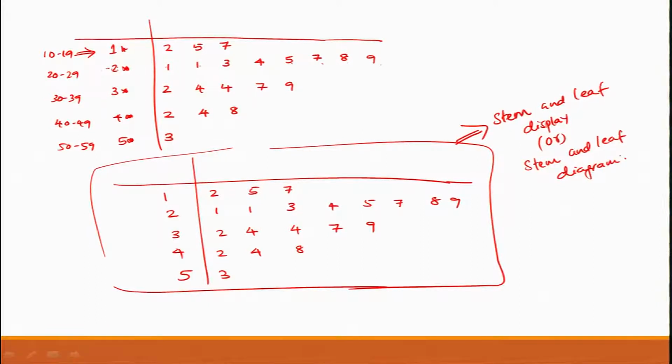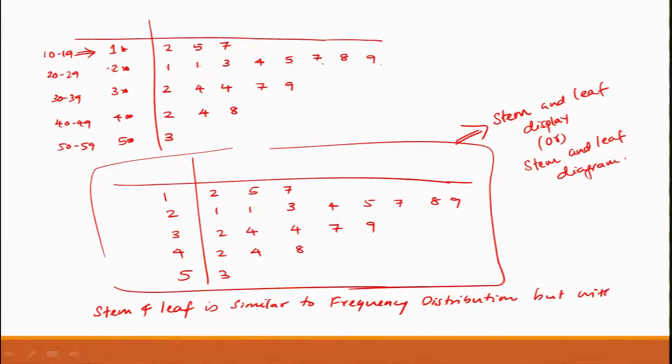Okay. So this diagram, stem and leaf, is similar to frequency distribution, but without missing individual data values.